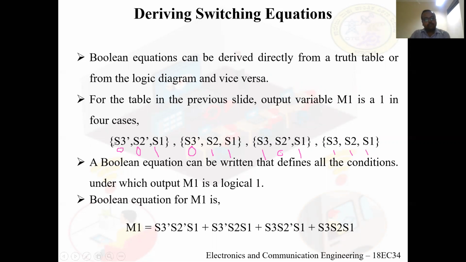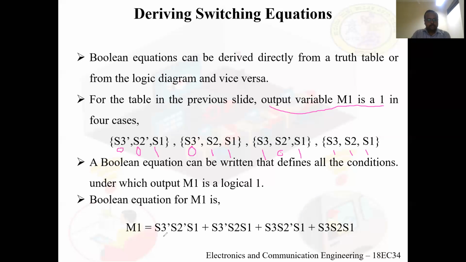What it says is that for these input combinations, the output variable M1 is equal to 1. For the rest of the input combinations, the output is equal to 0. So how do you write the Boolean equation for this M1 variable?